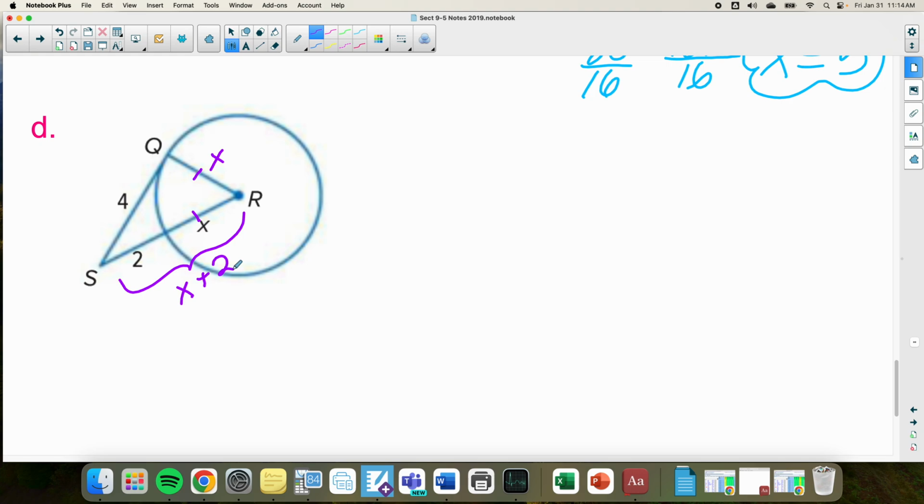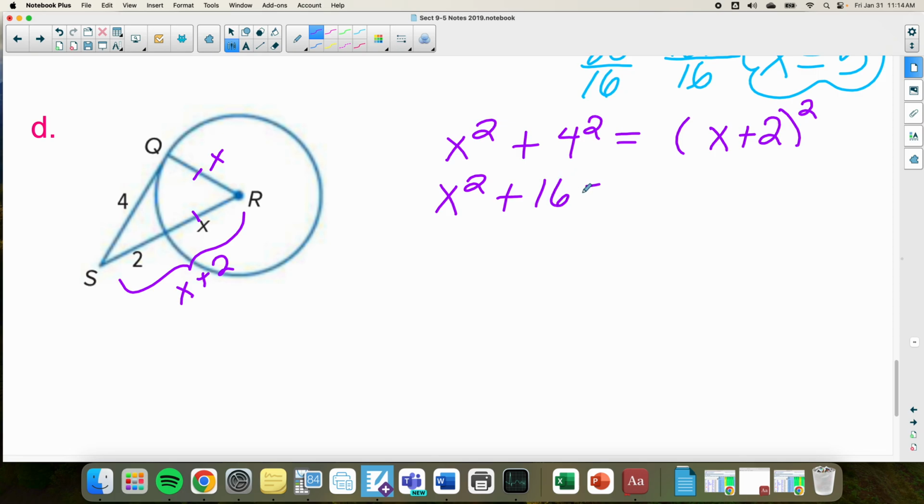So now I'm checking a squared plus b squared, which is my x and my 4, is equal to the x plus 2 quantity squared, okay? So this is x squared plus 16 equals, and then here I have x plus 2 times x plus 2. And I have to do FOIL again, okay?